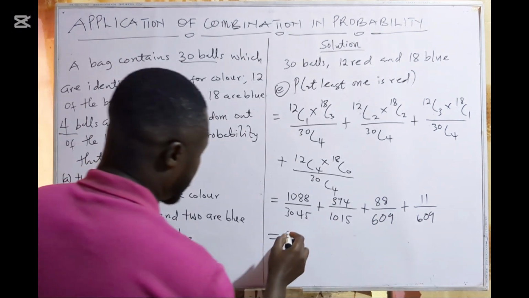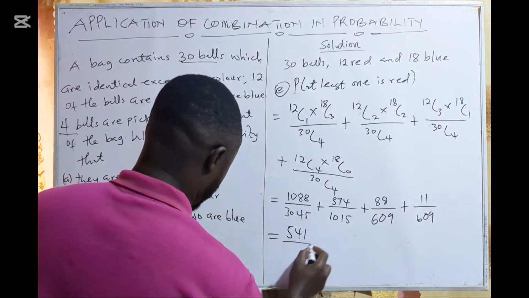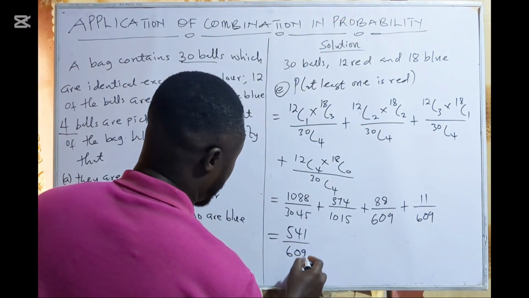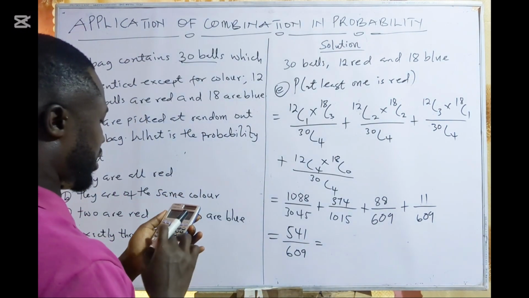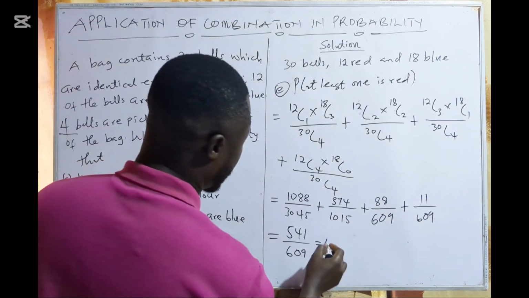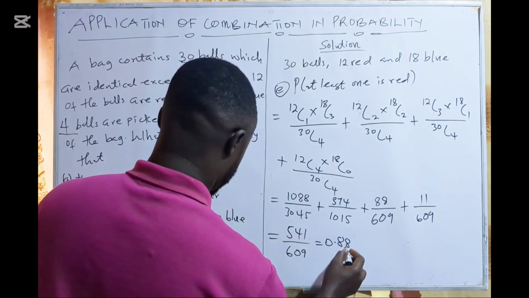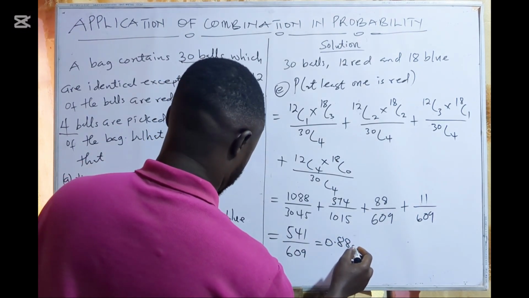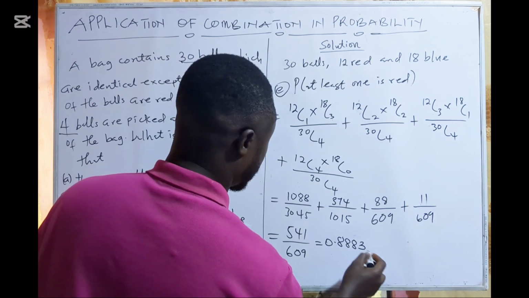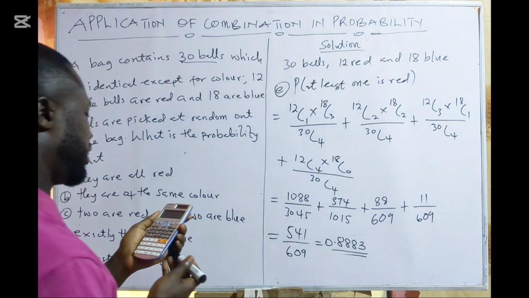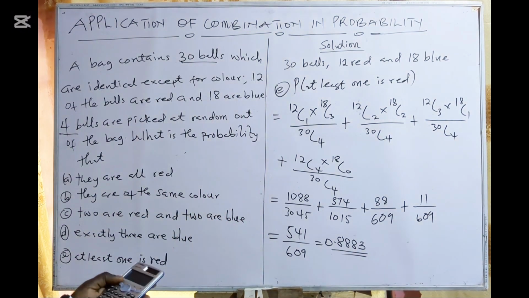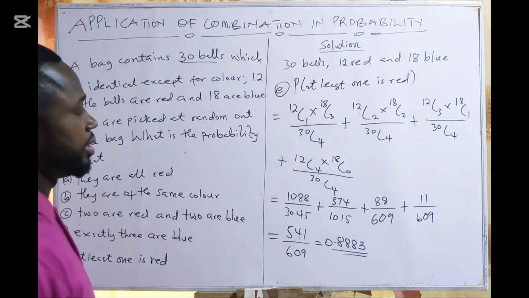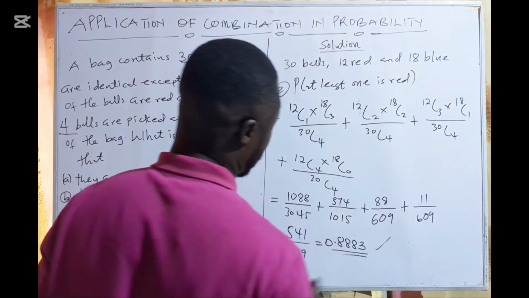That will give us 541 divided by 609. And in terms of decimal, we get 0.8883. All right, this is our answer.